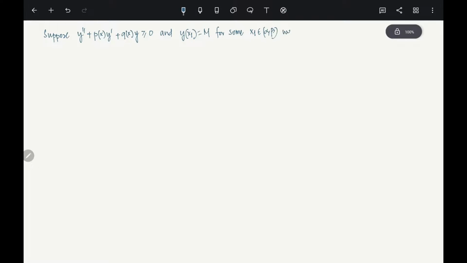And suppose there exists an x2 in alpha beta such that y at the point x2 is strictly less than m. Why? Because we are starting with the assumption that y is not identically equal to m. So there must be an x2 where y is less than m. M is a maximum, it cannot cross m, so it should be less than m. Now again, from the earlier argument, if x2 is greater than x1, we'll use the same sort of ideas we used earlier.